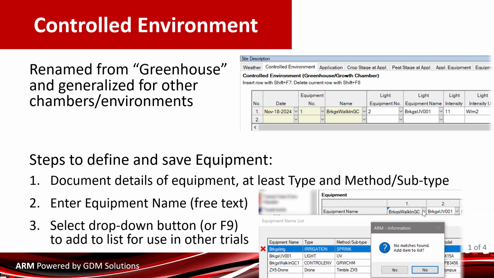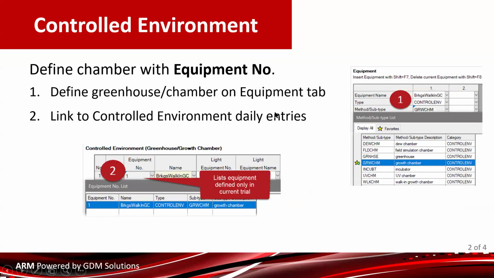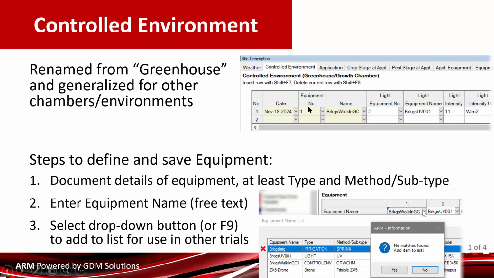Once that is documented in the trial, then in the controlled environment section, we simply create a link. So you filled in the growth chamber details, then we really are just going to create a link to all of those details.